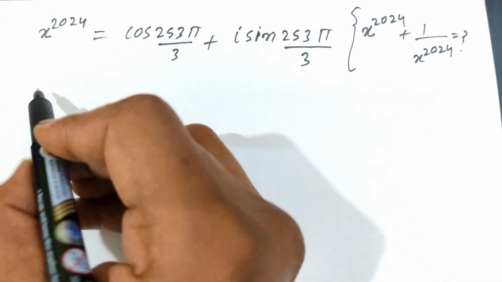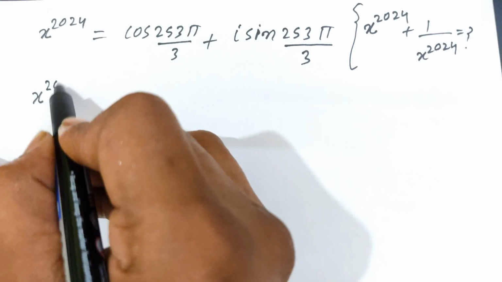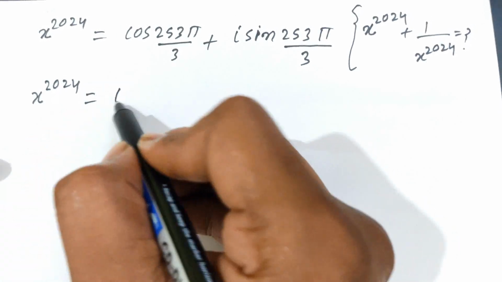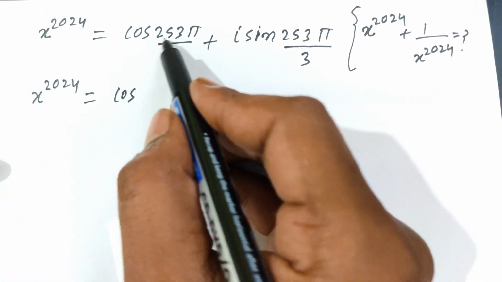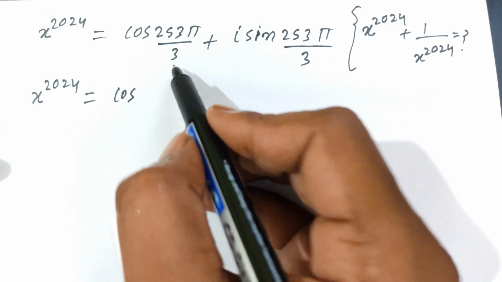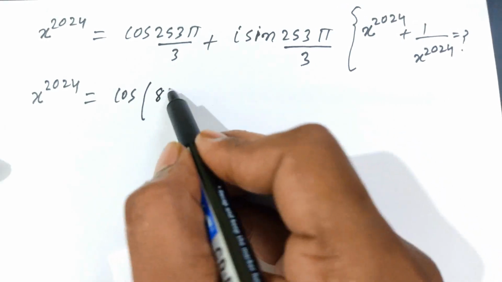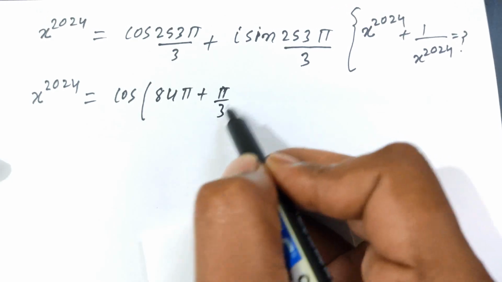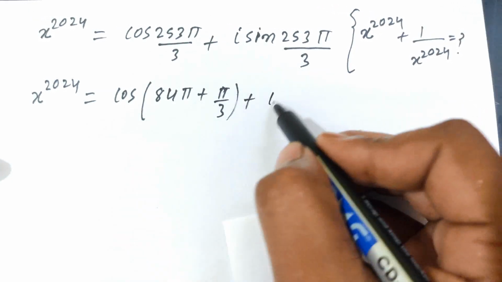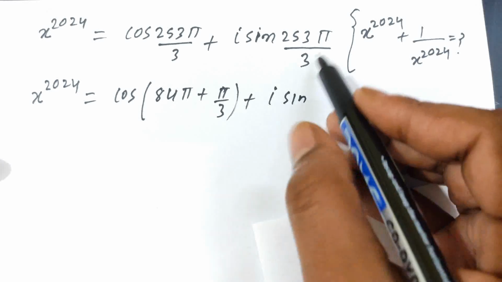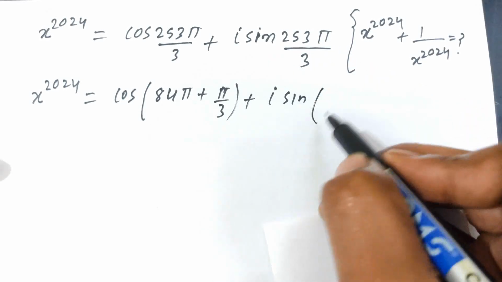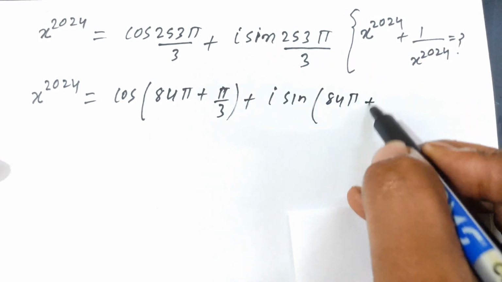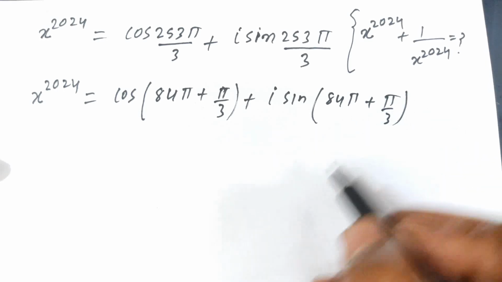Now students, here in the left hand side we have x power 2024, this is equal to cos 253 times pi divided by 3, this is the same as 84 pi plus pi by 3, and plus iota sine, this angle is the same as 84 pi plus pi divided by 3.